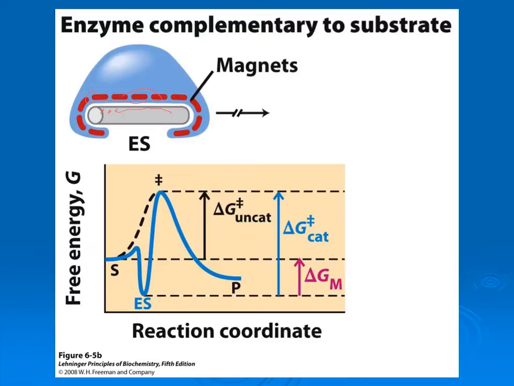And so then what happens, energetically speaking, is this is what this is trying to show, and hopefully you can start to get an idea of being able to read the logic behind these energy diagrams. It's so perfectly complementary that it stabilizes the ES. So now the ES complex is actually lower in energy than the substrate or the product for that matter.